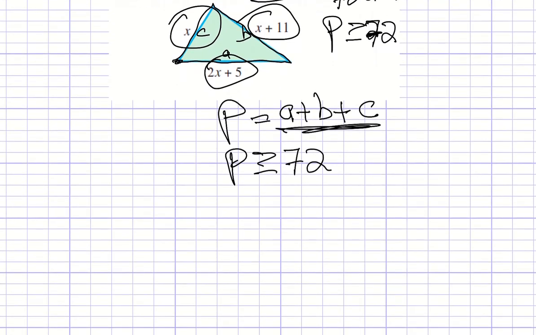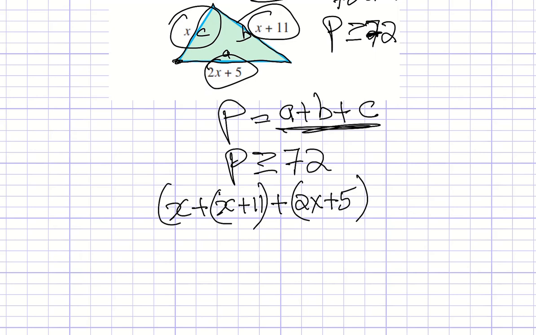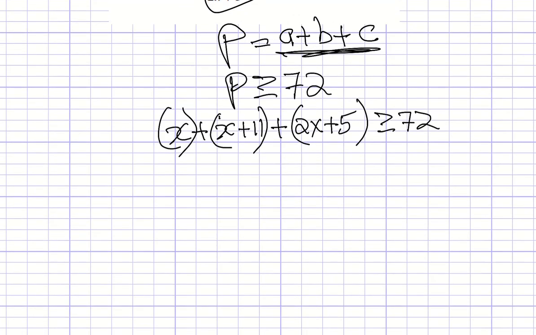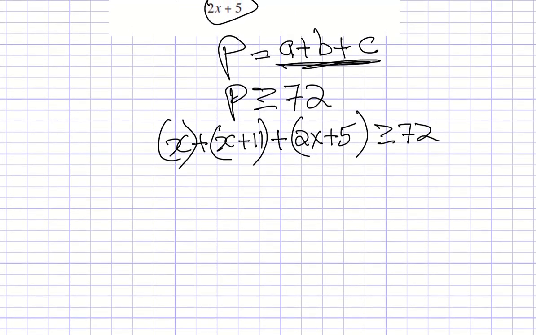So how do you get perimeter? I say x plus 11 plus 2x plus 5. See, I'm adding all that, and adding that, okay? And then it has to be greater than or equal to 72. That's all. Once you set it up, the rest are easy, okay? And then you remove brackets.